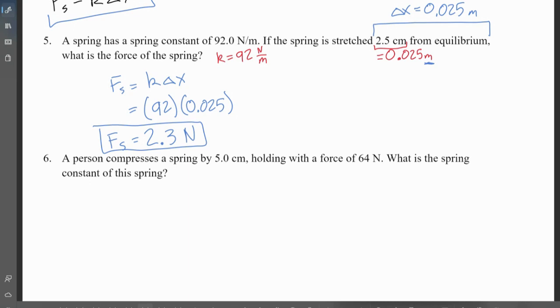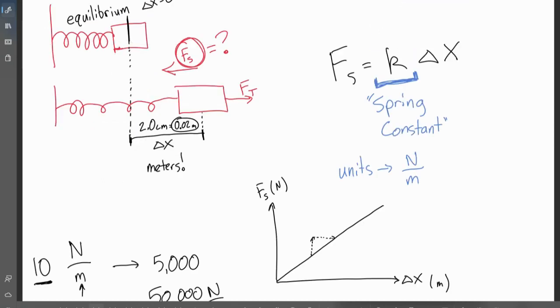All right. Next question. A person compresses a spring. Ooh, compresses. Okay, so that's something interesting as well. So you see this equilibrium position here. We've got just a random block being held by a spring to a wall. That's the equilibrium position, along this line. But what happens if I take this block, let's say I get my hand right here, and I push that way?